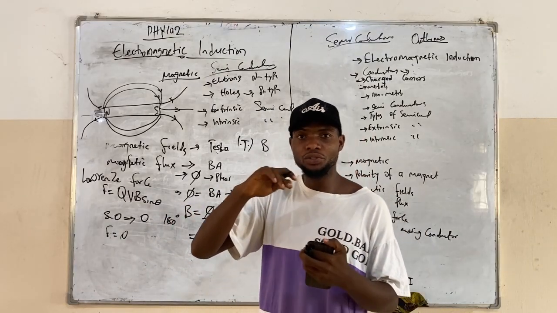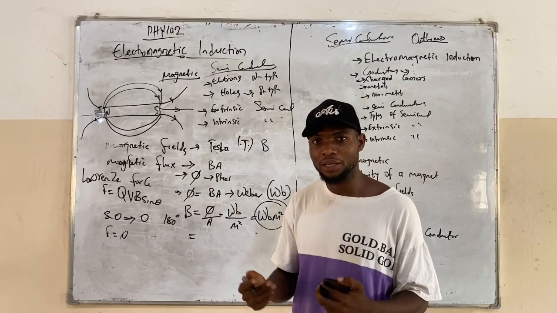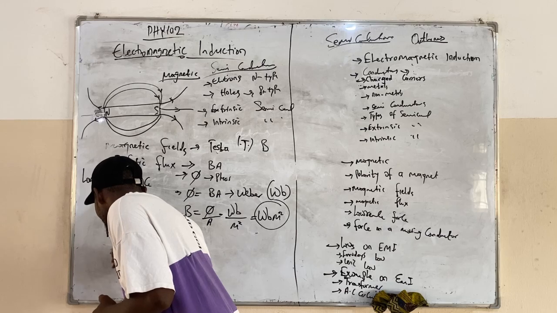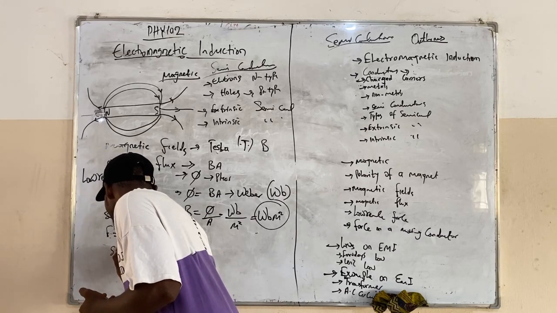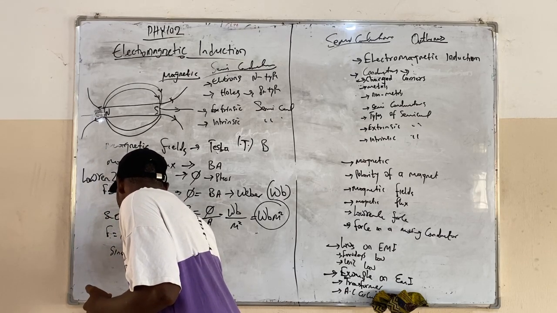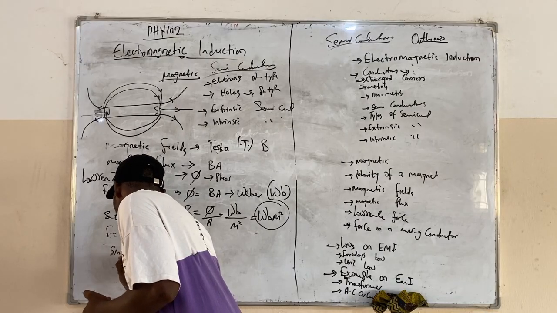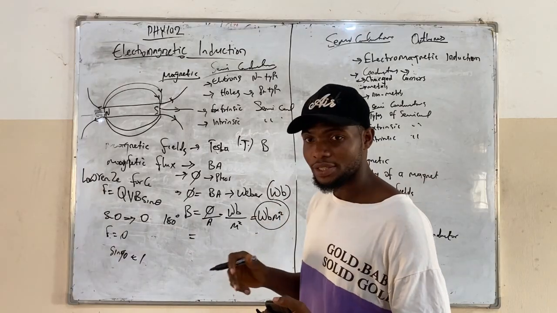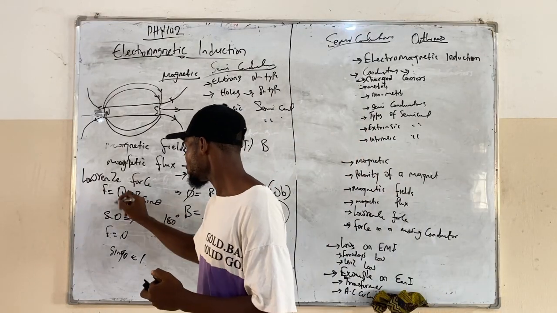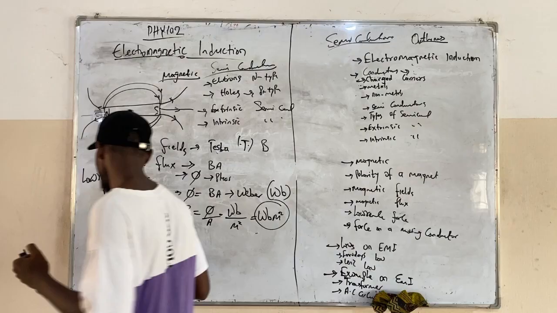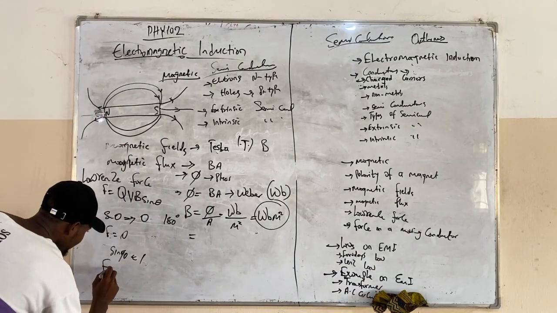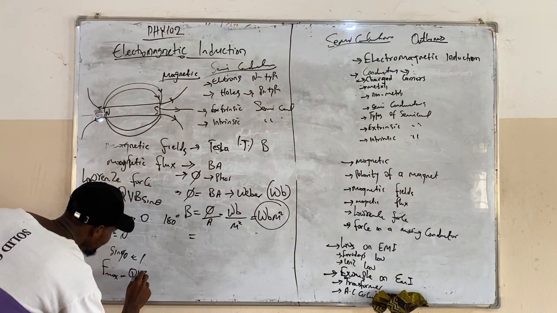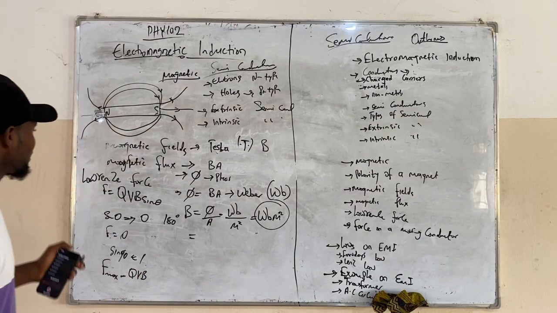If you are given a situation where the angles are perpendicular, what comes to your mind? Sine 90, right? Perpendicular angles are at 90, so we have sine 90, which is 1. So 1 times this whole concept gives the maximum force, F max, which is equal to qvB. So that's it for Lorentz force.